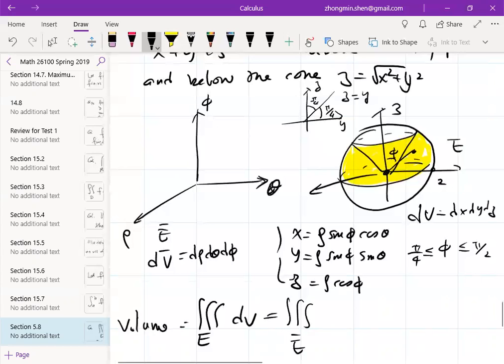So the cross section, the intersection of the solid with the YZ plane, is going to be this portion. This is a portion in the YZ plane, right? So phi is between pi over 4 and pi over 2.